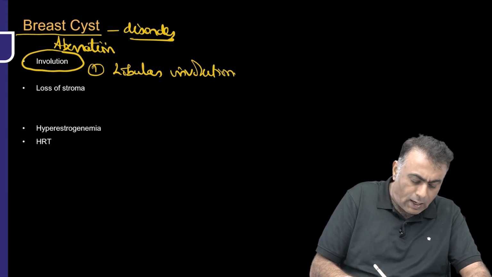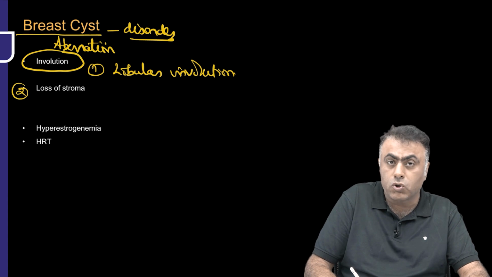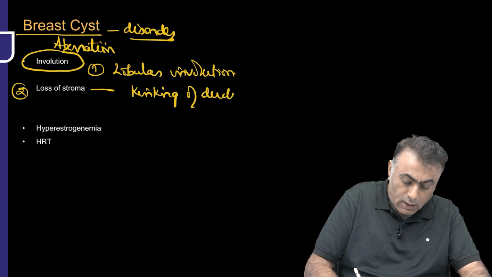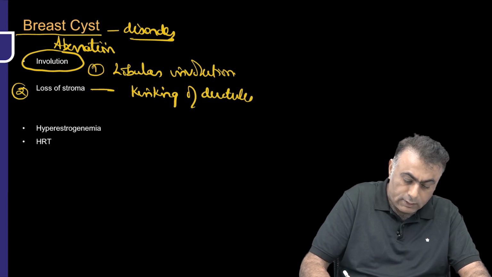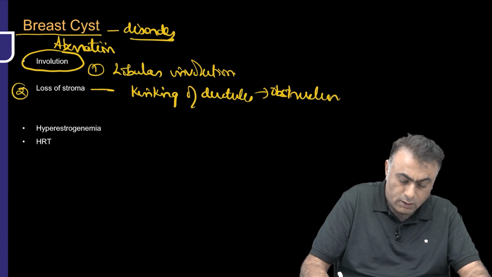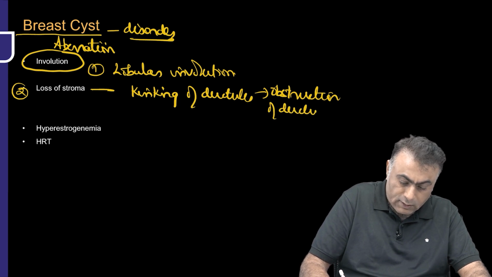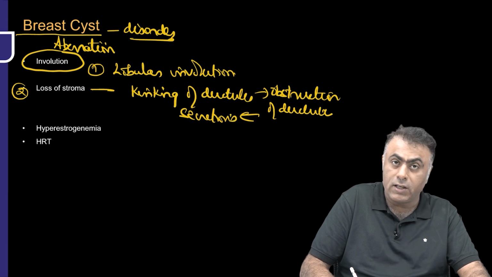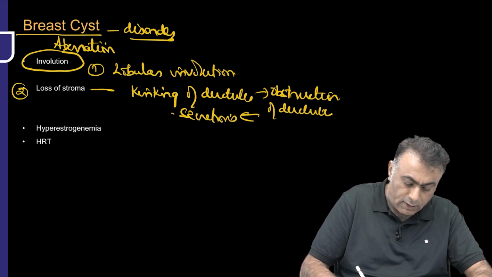Another pathological mechanism says that there is loss of stroma that leads to kinking of the ductules. Because of kinking of the ductules, there is obstruction of the ductules. That leads to accumulation of secretions, and because of accumulation of secretions, there is formation of microcysts.